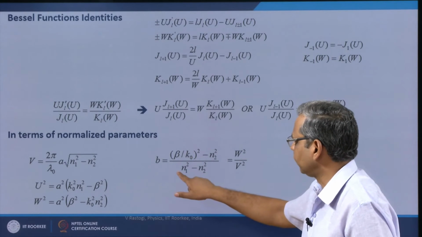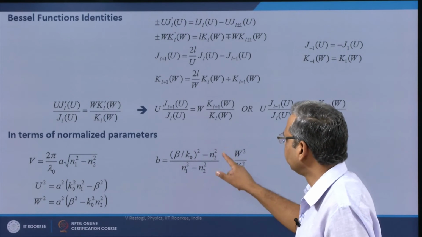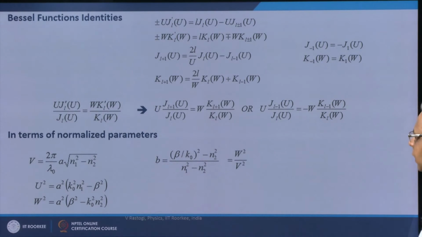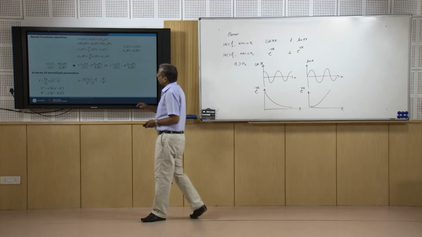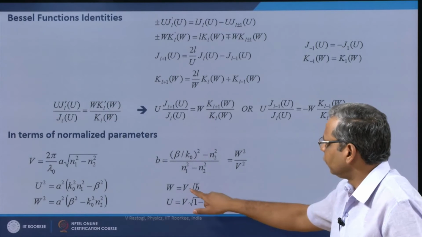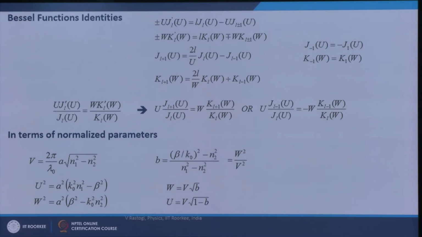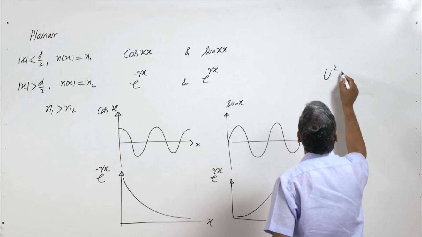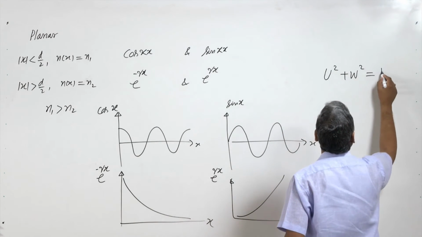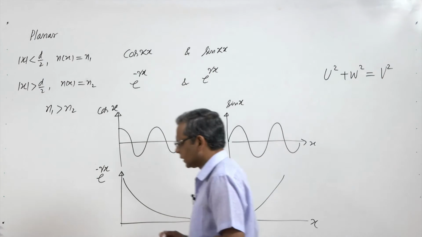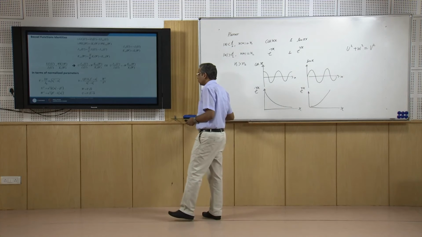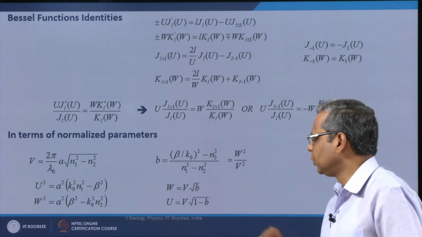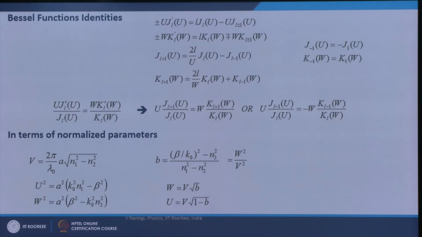If I take k naught square downstairs and multiply the numerator and denominator by a square, then it becomes W square over V square. So I can immediately get W is equal to V times square root of b, and I already have from the previous slide that U square plus W square is equal to V square. Since U square plus W square is equal to V square, I immediately get that U is equal to V times square root of 1 minus b.